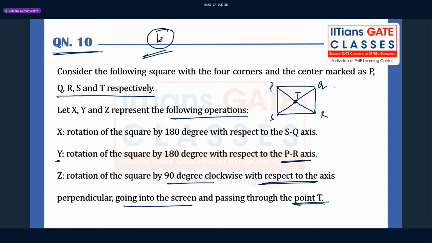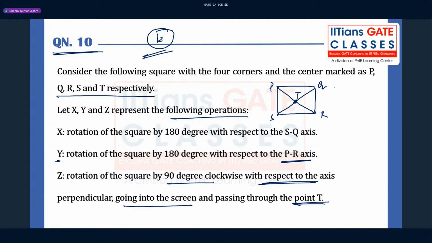Rotate 180 degree with respect to what? With respect to SQ. Understood? So which options can be correct here? That is very, very important to keep in mind.